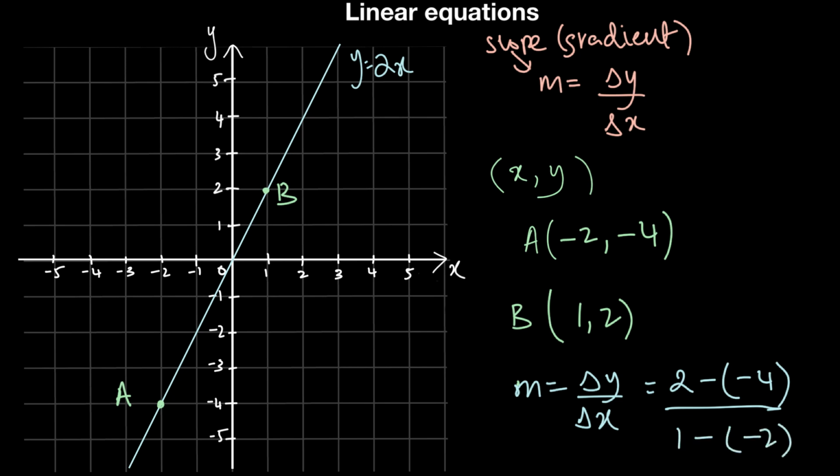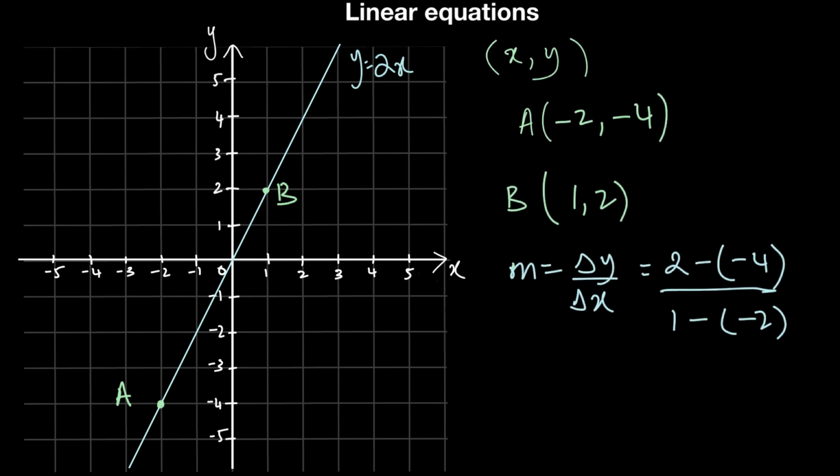So when I do the math over here, I get m equals 6 over 3, which equals 2. So that's one way of calculating the gradient, or the slope, for a given graph.